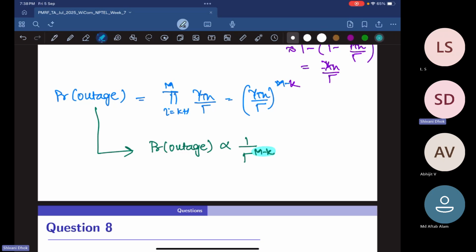So these weak antennas are degrading the outage probability. The slope is reduced now. If we take the logarithmic scale, the slope is lower, so it will decay slowly. Is it clear? Any questions?